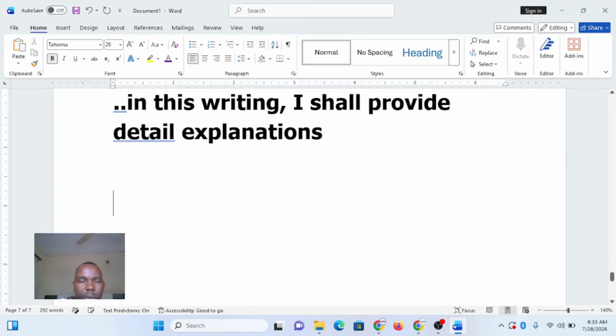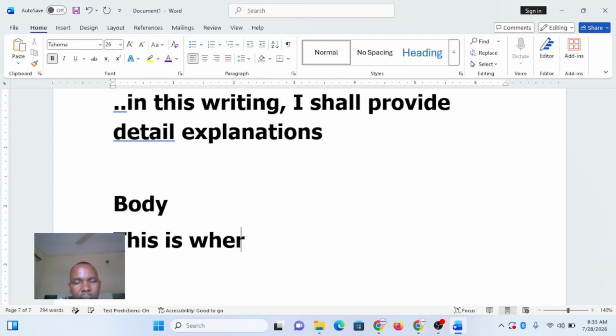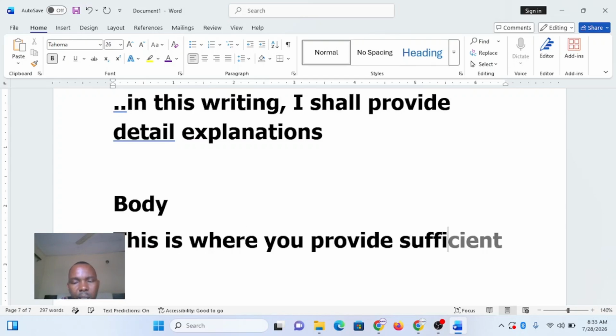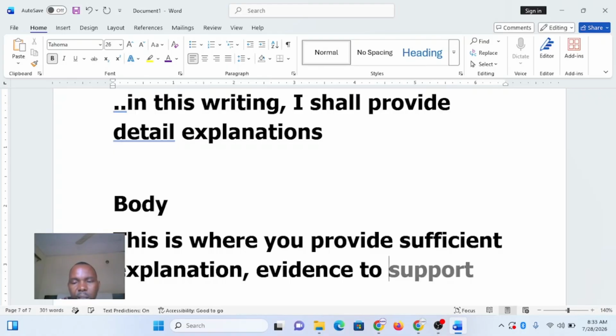So the second section of the essay is the body. This is where you provide sufficient explanation, or what I would like to call evidence, to support your thesis or your stand in the introduction.